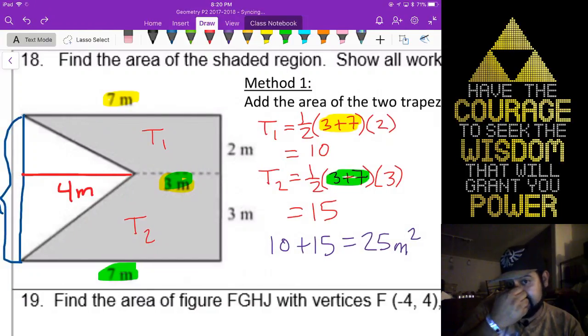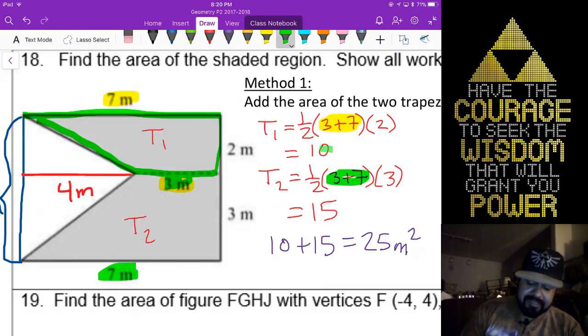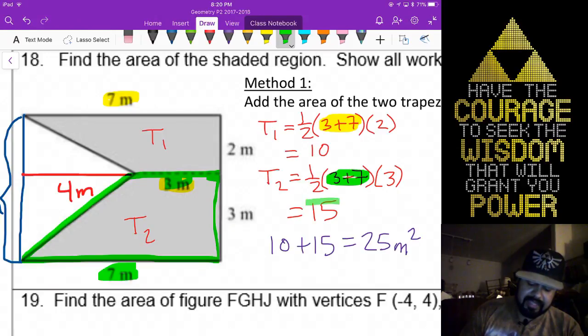So if you recognize that you have two trapezoids, let's say there's the green trapezoid here, which would be this area. Let's try this instead. The green trapezoid here, which would give me this area here.